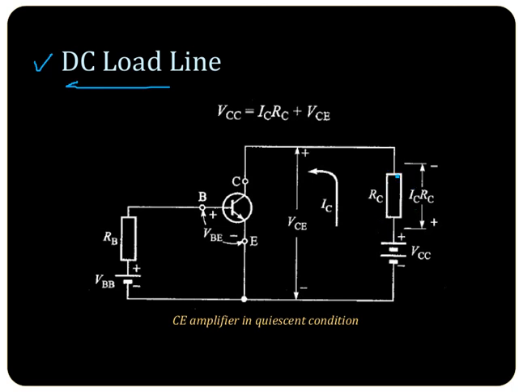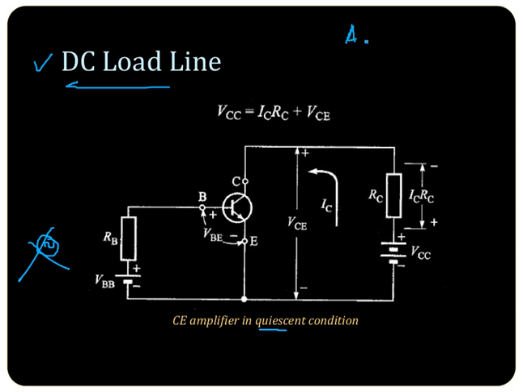For this analysis, you are taking the condition when no signal is applied to the amplifier. This circuit shows the quiescent condition when the input signal to the amplifier is zero. That is, the input signal is not there, and only the DC voltages are applied to the transistor to ensure the active region of operation.